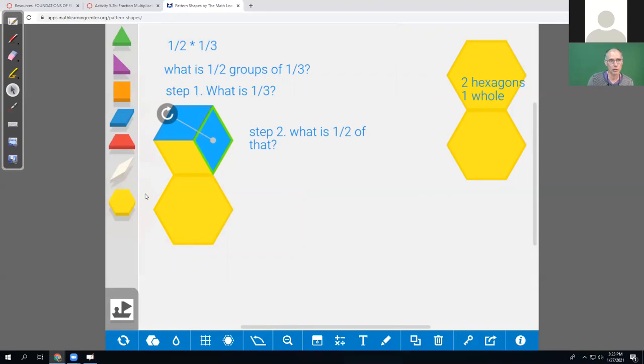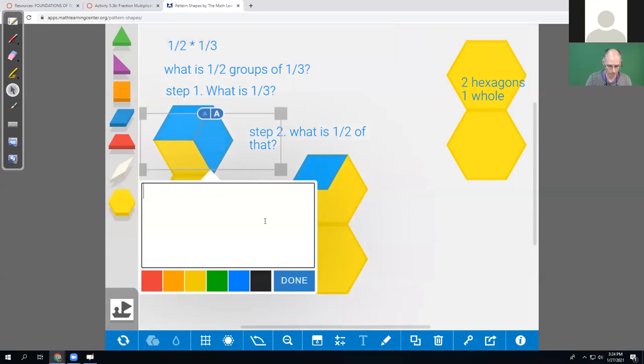So I'm going to answer that question underneath by putting another whole and saying, well, that piece right there is half of this 1/3 up there. And then finally, I can answer the question, what part of a whole do I have? I can say that 1/2 of 1/3 is, how many of those blue pieces make up this double hexagon whole?